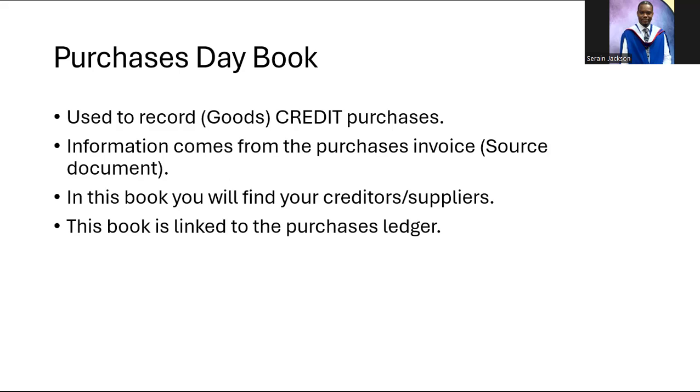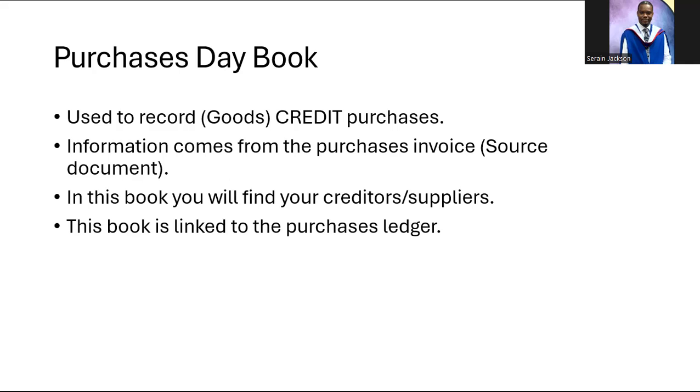Can't forget that. The next thing is that the information that you need to make up the purchases journal or the purchases daybook comes from the purchases invoice. So the purchases invoice is the source document for the purchases daybook. Remember that as well. Now, in the purchases daybook, obviously, if you are buying on credit, it means that you have suppliers or creditors.